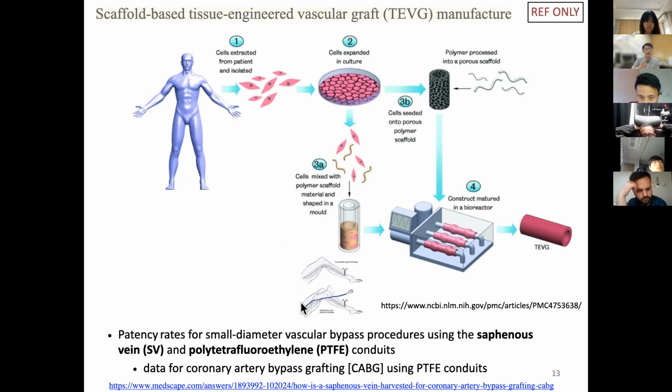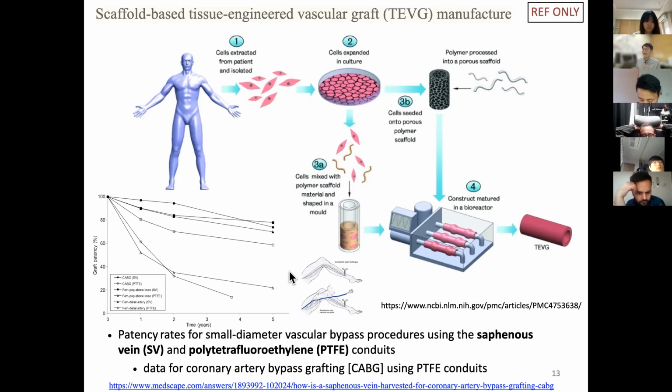Let's compare this versus the engineered one. This data demonstrates the result. The x-axis is years, and the y-axis is patency, which means how much of the opening remains. All these filled circles are for SV, which stands for saphenous vein, while all these empty ones are the vascular graft.